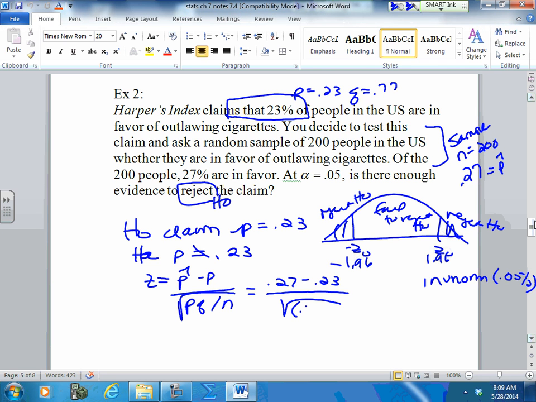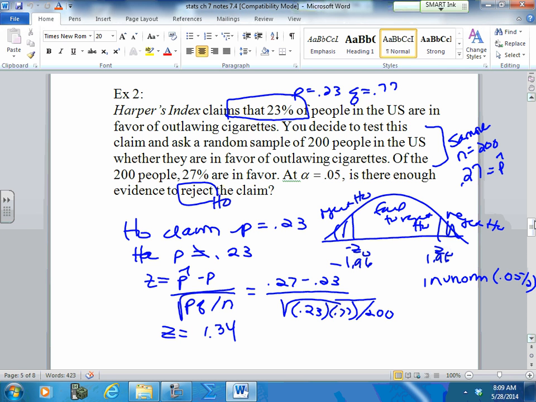So we've got 0.23 times 0.77 divided by 200. Throw this in your calculator. I'm sure you have parentheses in your numerator. And you should get your z-score, which turns out to be 1.34.